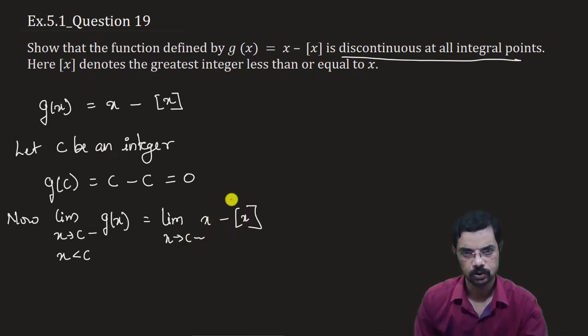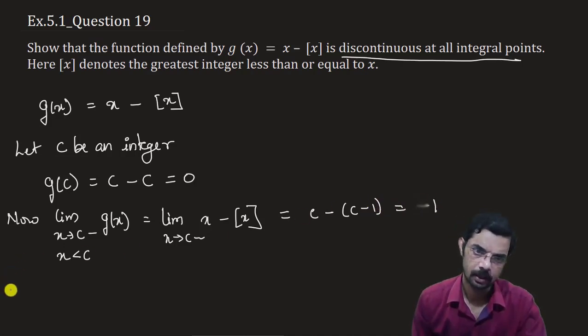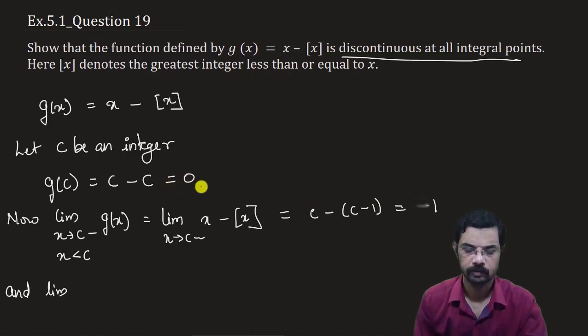So, when x tends to c from the left hand side, x will be c, and bracket of x is defined as the previous integer, so c minus 1, which will give you c minus c minus 1, that is 1. So, clearly it is not continuous here. The left hand limit is not equal to the value of the function.